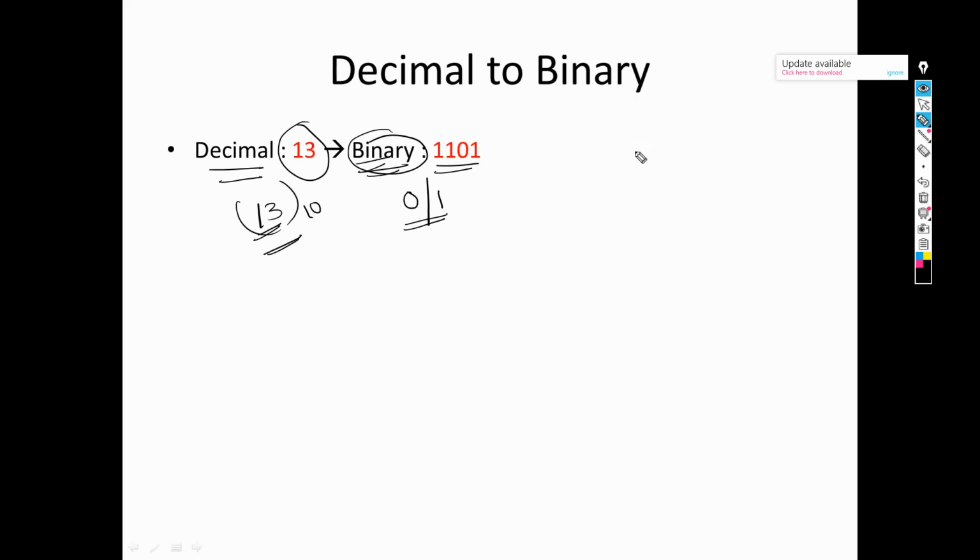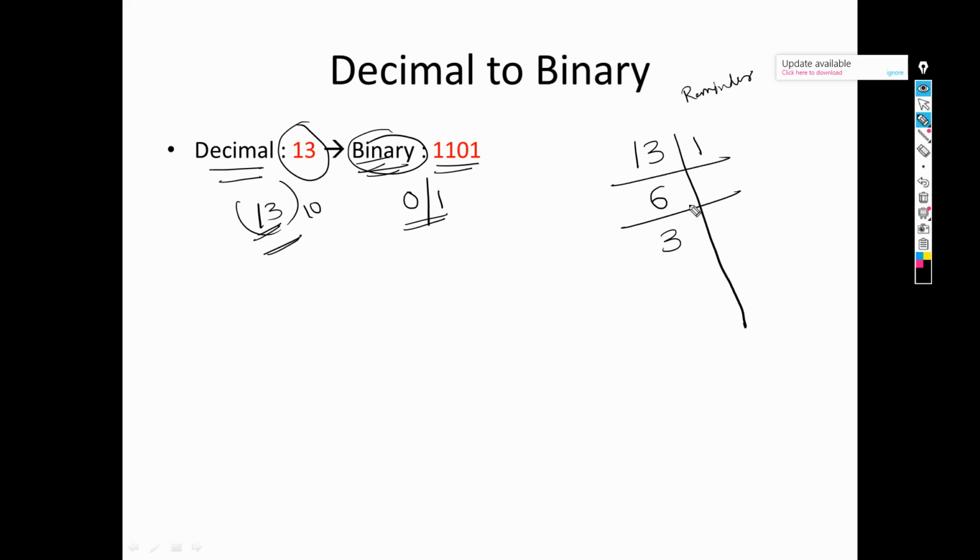First of all, we divide 13 by 2. When we divide 13 by 2, we get 6, since 6 2s are 12, and the remainder we write here. This is our remainder. Now again we divide 6 by 2.